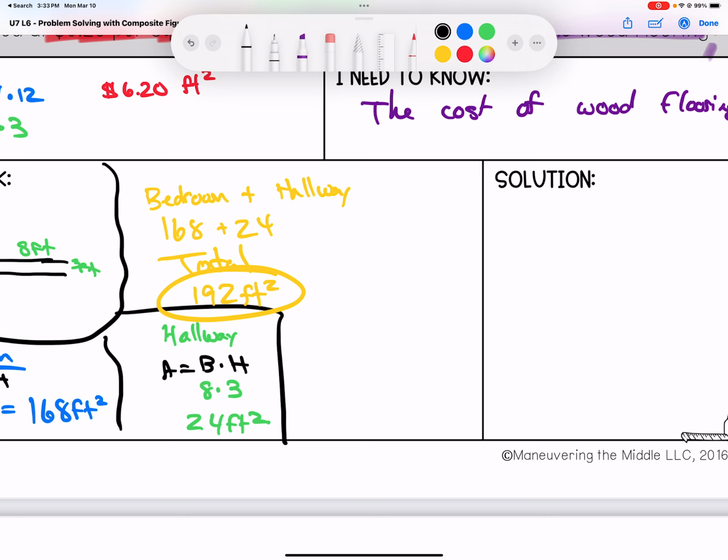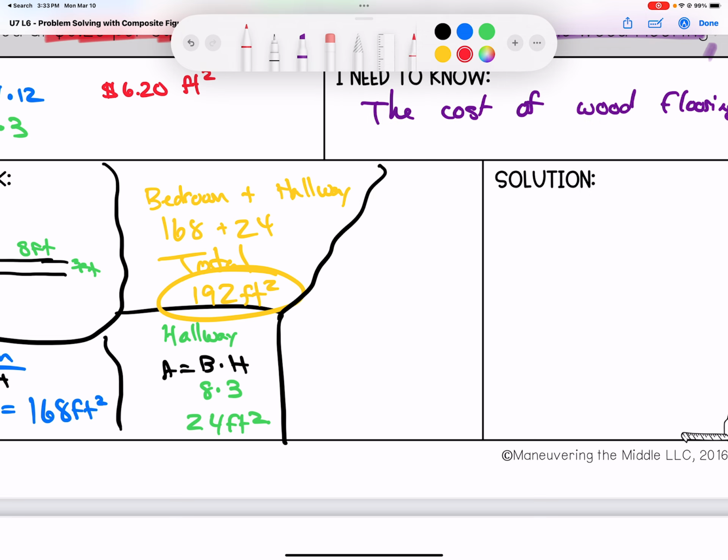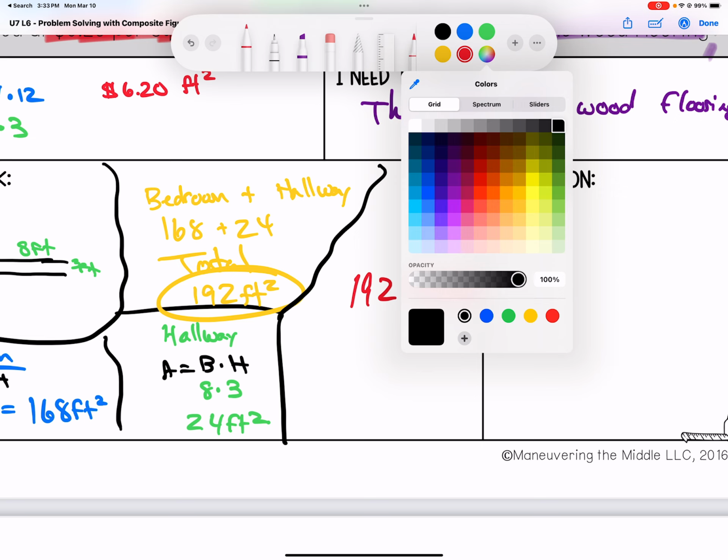Now, the cost of flooring, so you're going to have 192 square feet, so 192 times 620, because that's what it is per square foot. Okay, so it's 192 times the per square foot cost of 620.